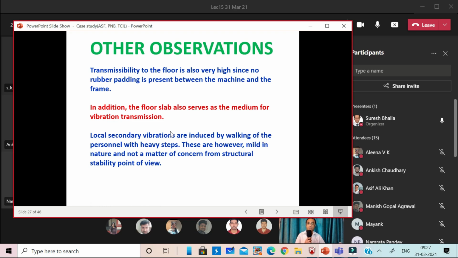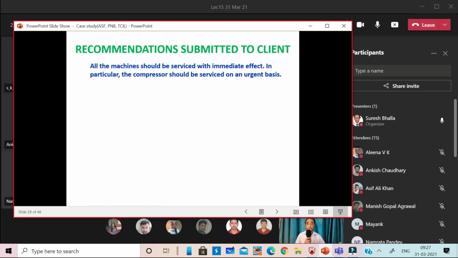In fact, when the people or the staff are walking, and especially if we tend to walk with heavy steps, then these would also induce mild vibrations, but they were not much a matter of concern. But the machines, they were definitely a matter of concern.